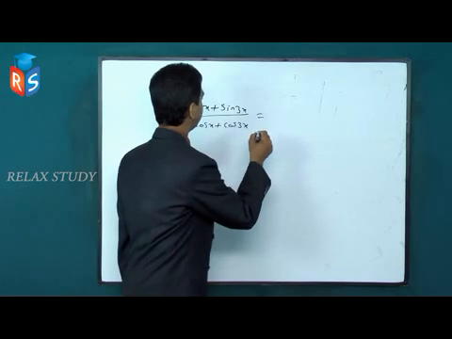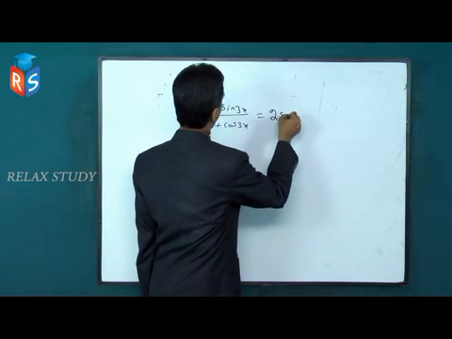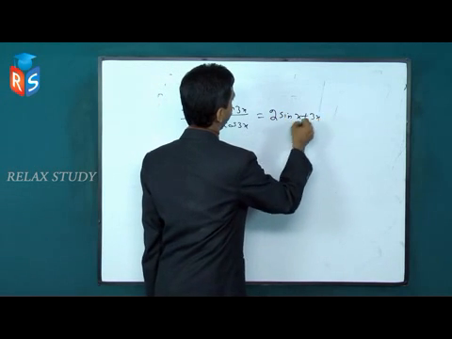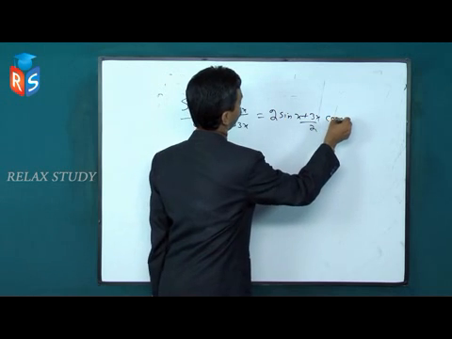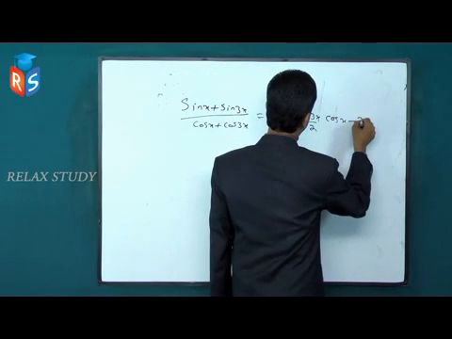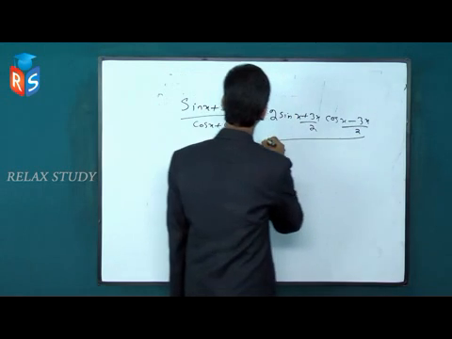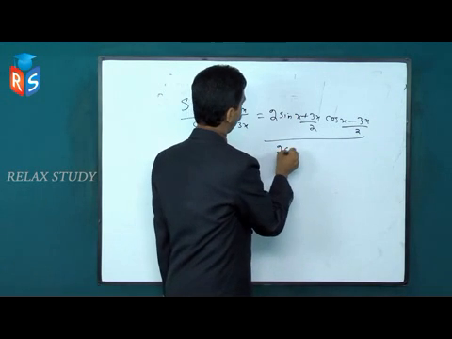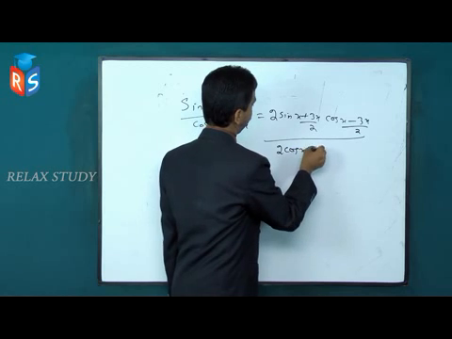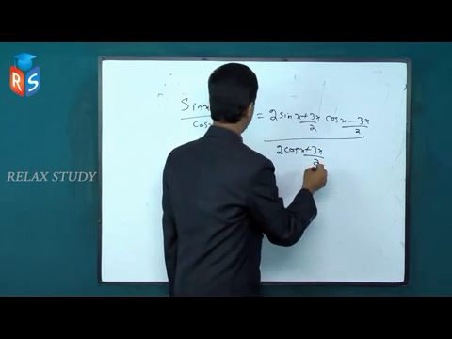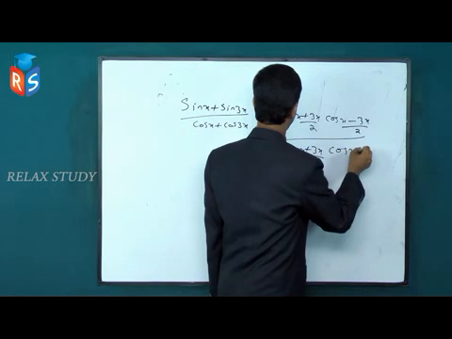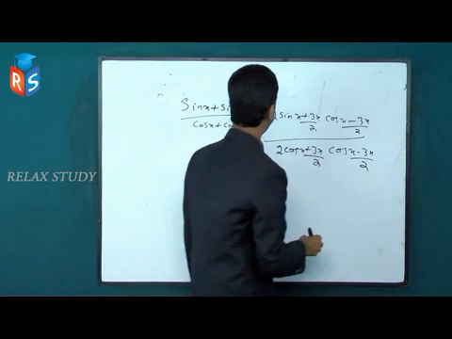So applying the results here, 2 sin((x + 3x)/2) cos((x − 3x)/2) divided by 2 cos((x + 3x)/2) cos((x − 3x)/2).